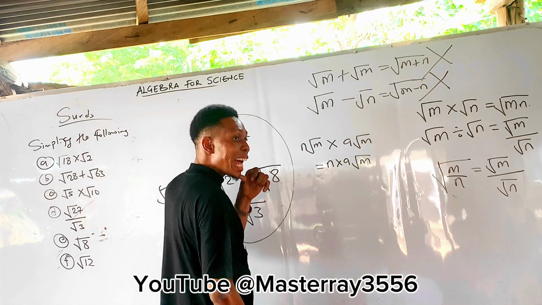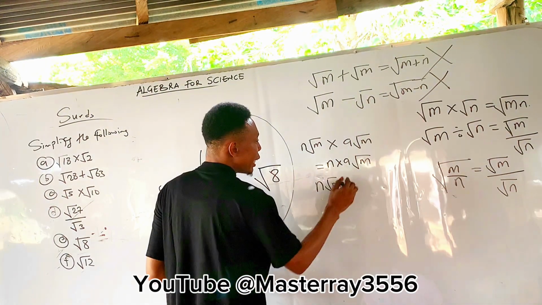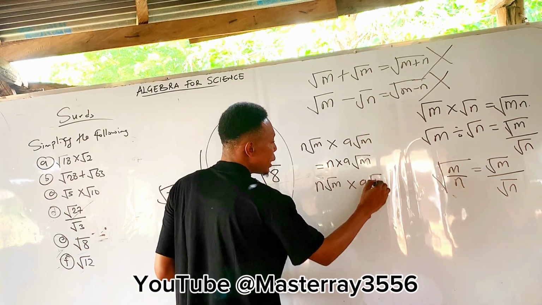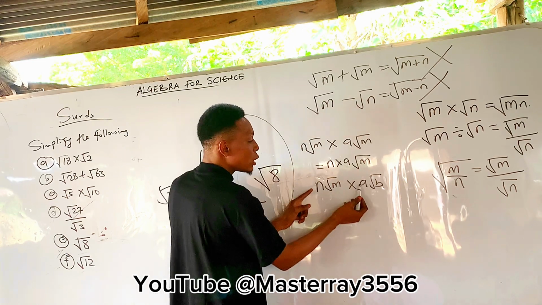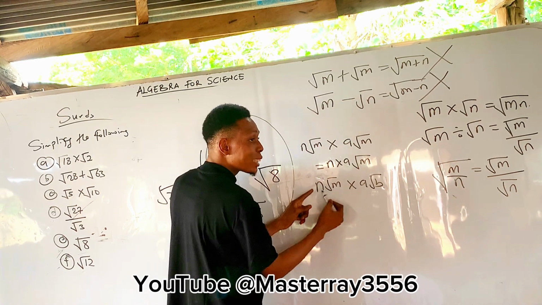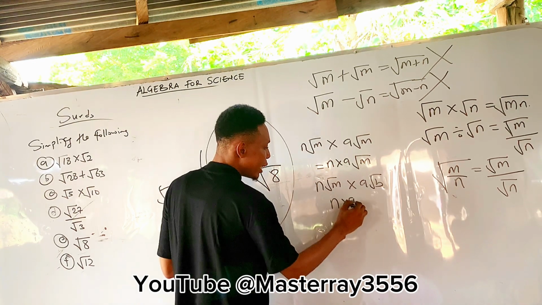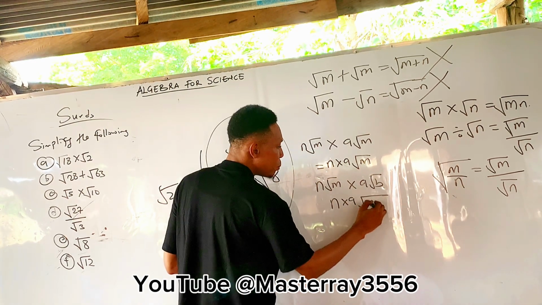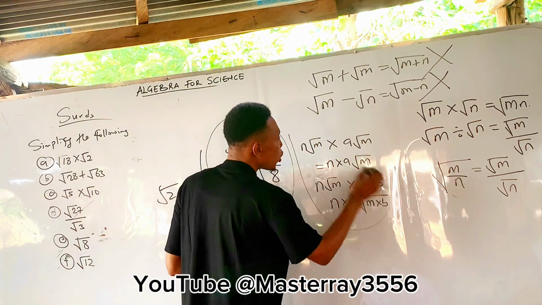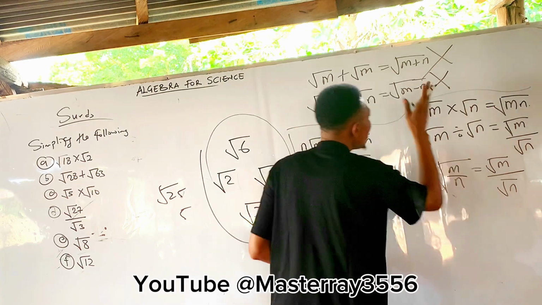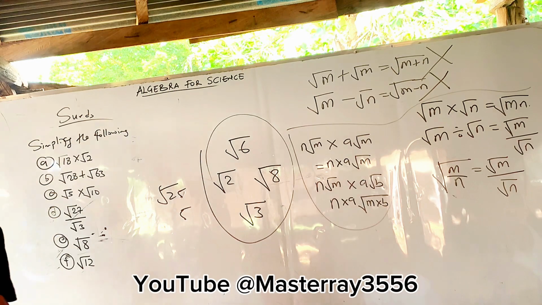Yes, and another thing in surds, if you have n root m, then times a root b, this one is saying to use what is inside to times what is inside, and use what is outside to times what is outside. It's n times a, root of m times b. So these are the rules of surds. So we don't use this. This one is wrong. All right.